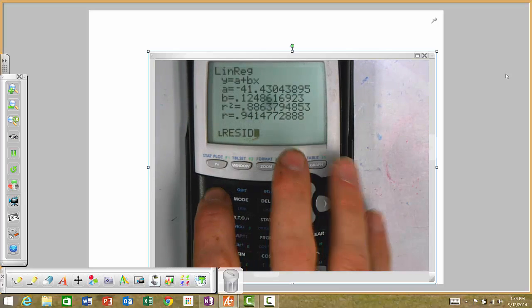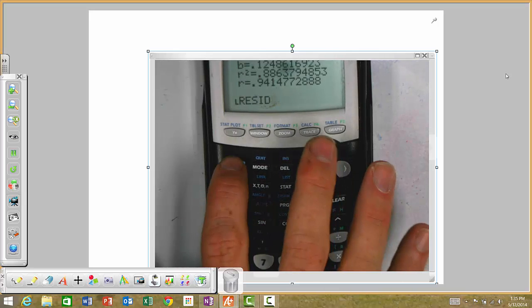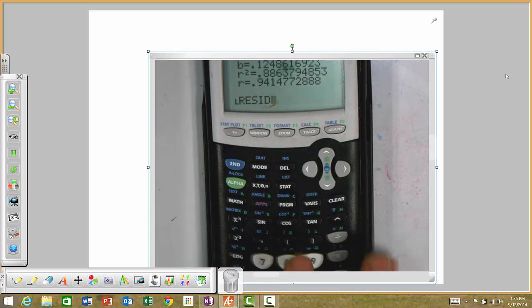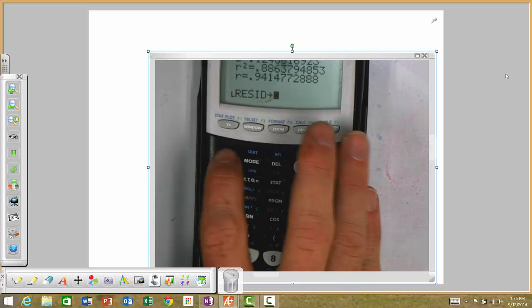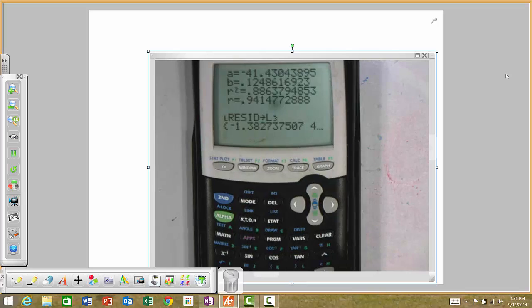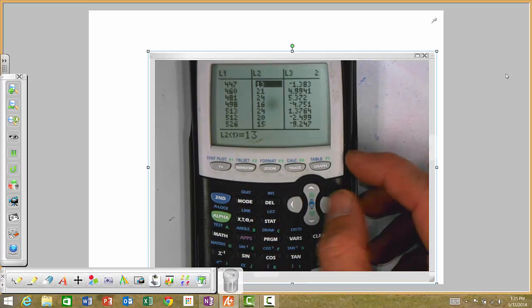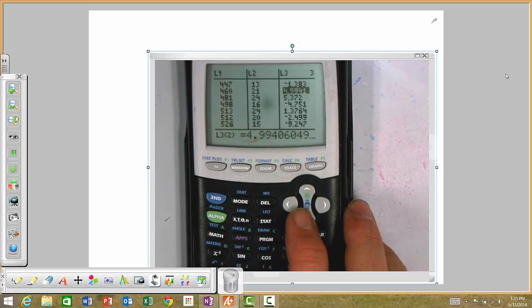And I store, with the STO button, in L3. Now I'm going to check my list, make sure it's in there. All my residuals are now there.